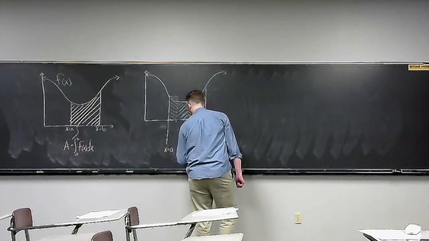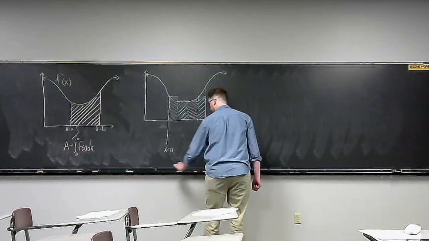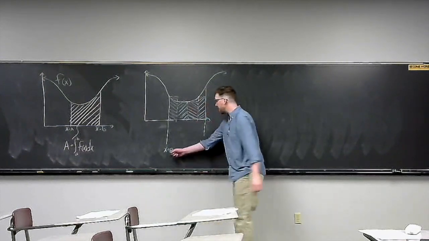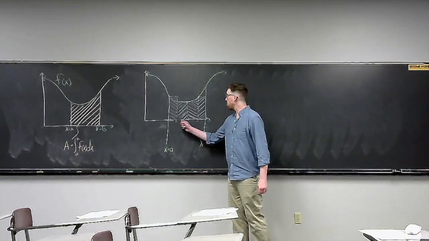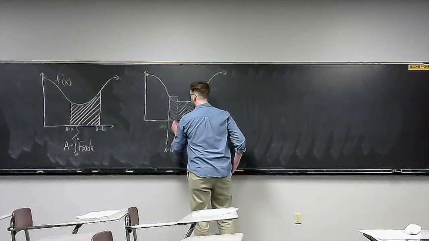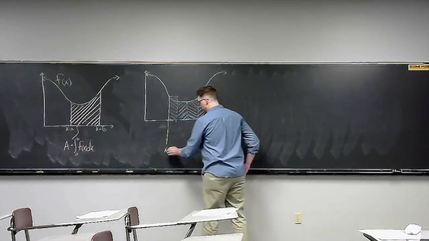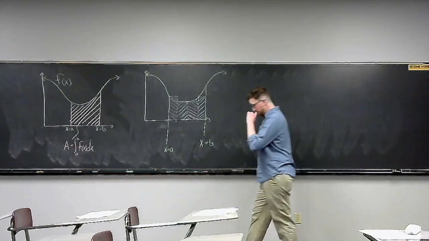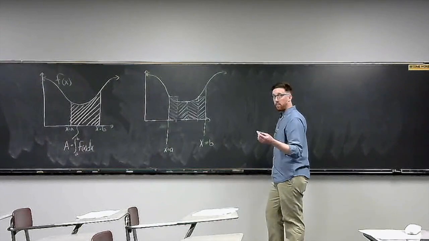That is x equal to a there. That is x equal to b here. Let's break this interval from a to b up into 4 equal parts so that the width of every rectangle will be b minus a divided by 4.